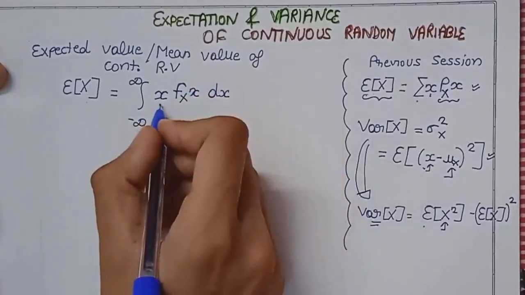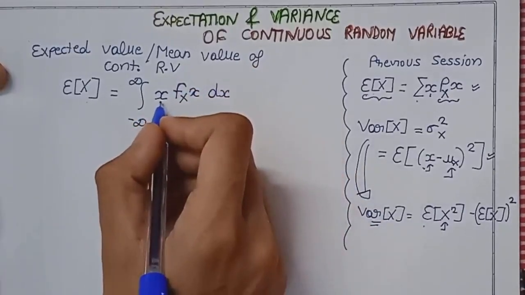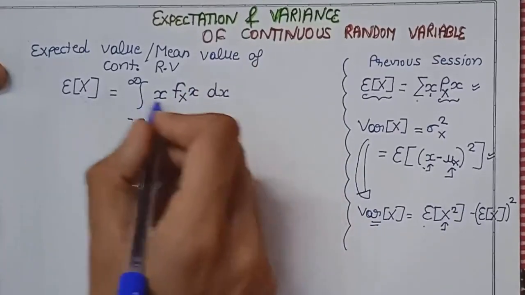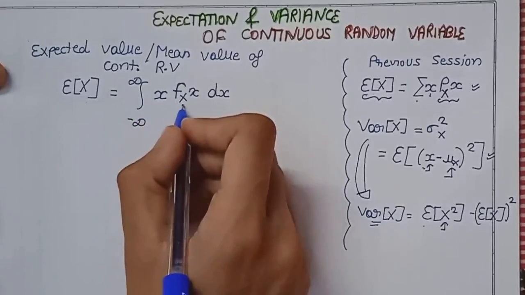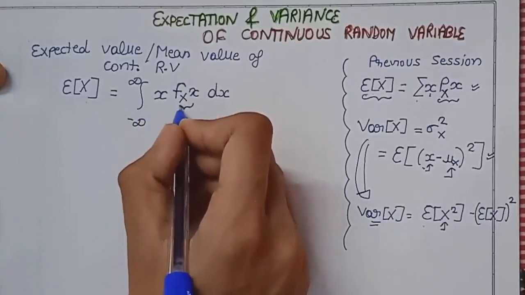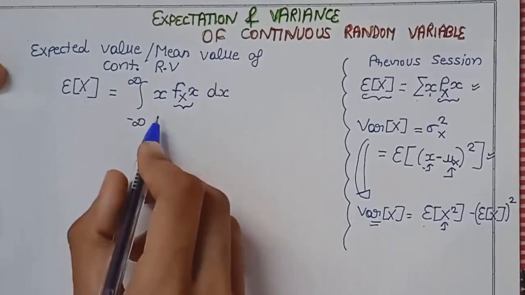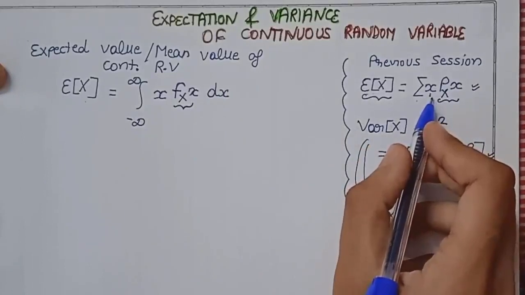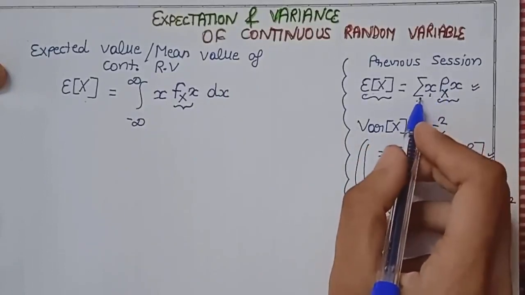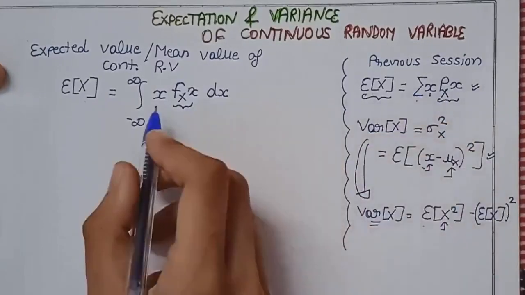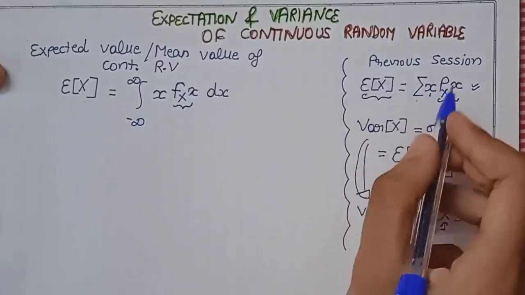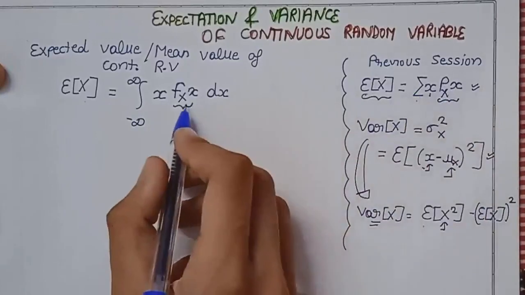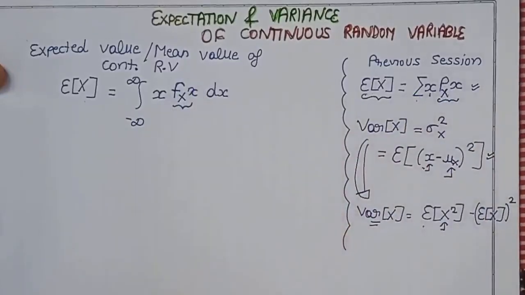Here this x is the real number values that the capital random variable x can take, and this is the corresponding PDF values. This formula is quite similar to this formula which we have seen in the previous session. The only difference is that at the place of summation, here we have integration, and at place of PMF, here we have PDF values.